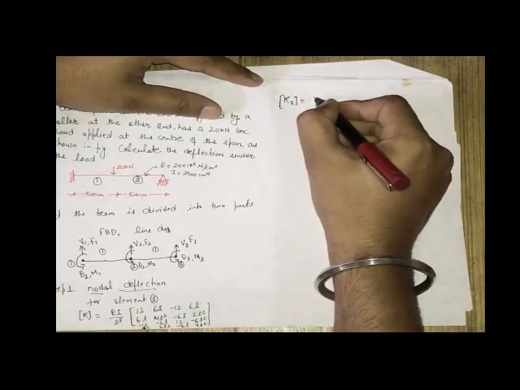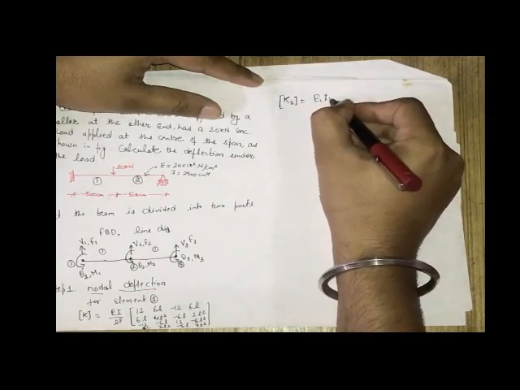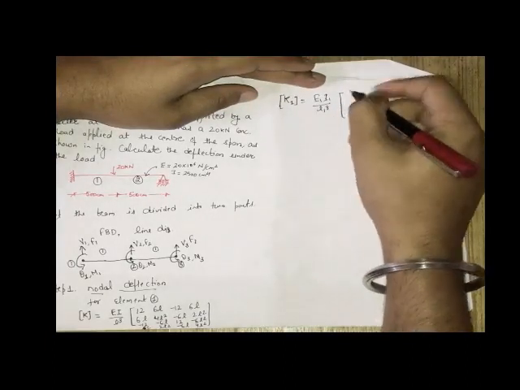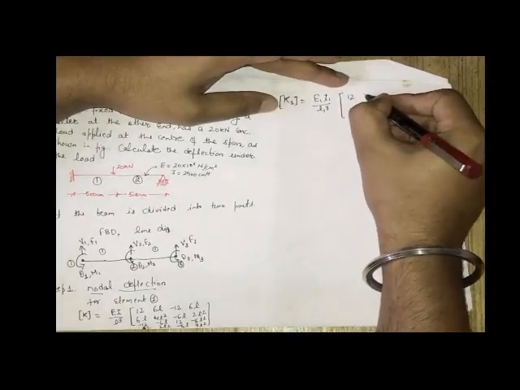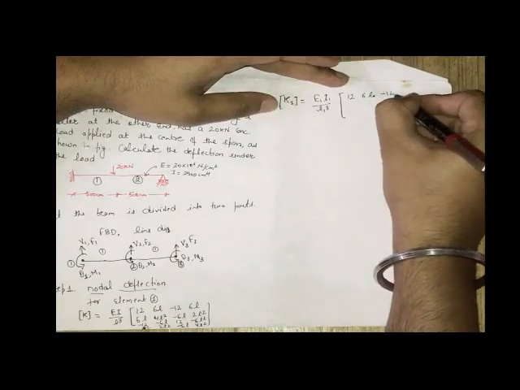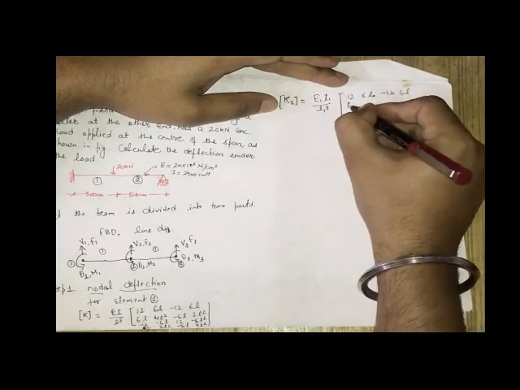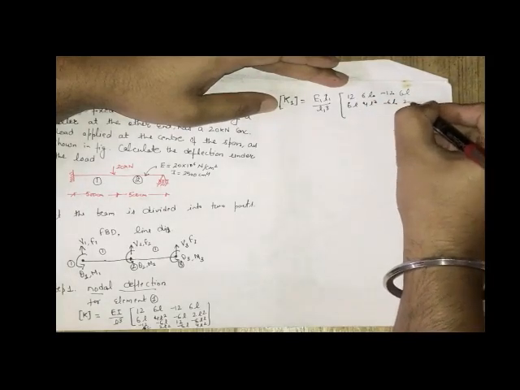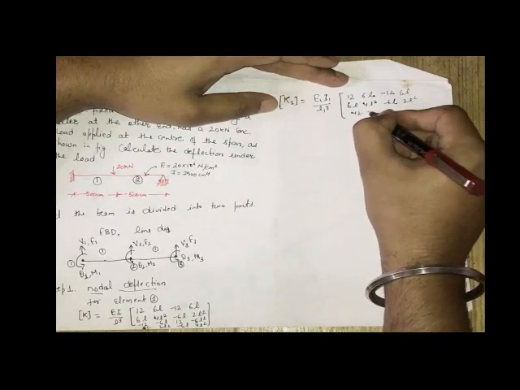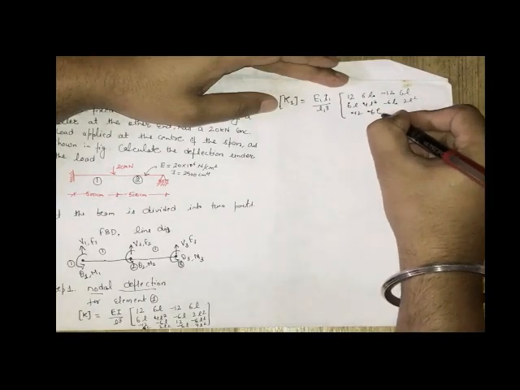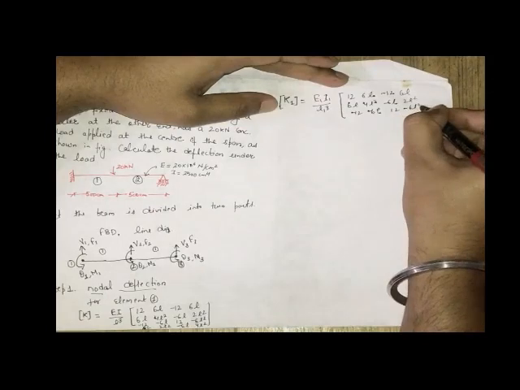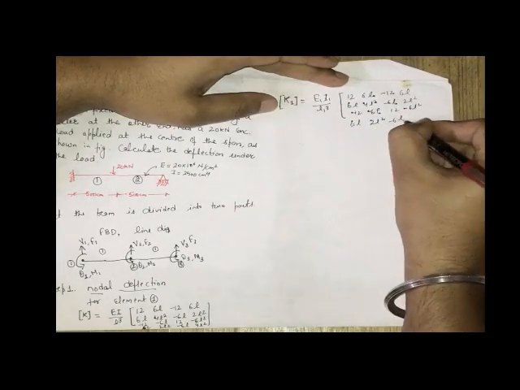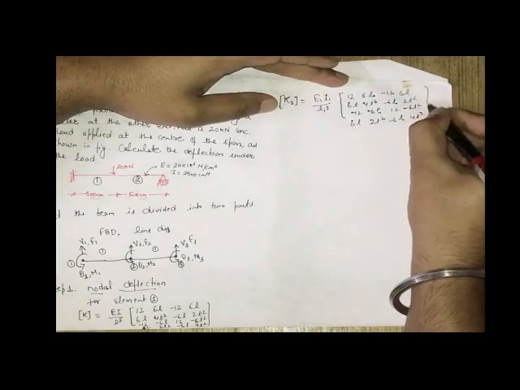K1 is E1 I1 by L1 cubed, and in the matrix we write the same: 12, 6L, minus 12, 6L; 6L, 4L square, minus 6L, 2L square; minus 12, minus 6L, 12, minus 6L; 6L, 2L square, minus 6L, 4L square.